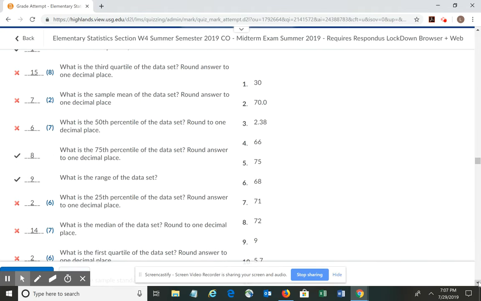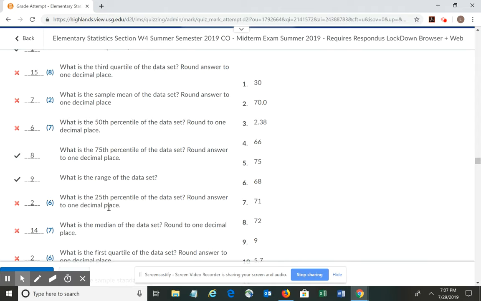All right, so she did miss the 50th percentile. She got the 75th percentile correct. She got the range correct. The 25th percentile is the same as Q1, which is 70, which she put number 2. So that is correct.